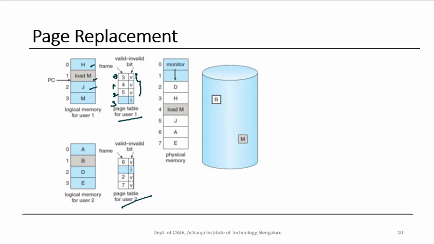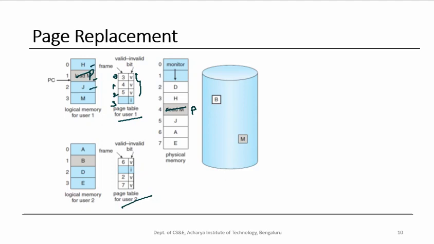Sorry, H, let's say some other page. Let me strike this off. Let's assume that some other page is present here, let's say P. Now these bits indicate that these pages are already present in the main memory.